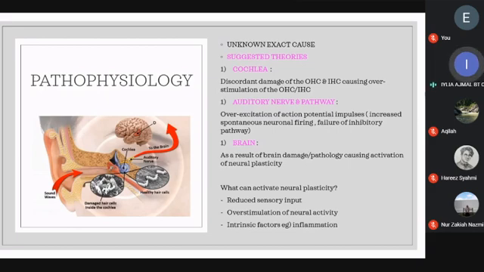And also, is there any problem in the brain? Because when there's any pathology in the cochlea or along the auditory pathway, it can cause a discordance between the firing, disinhibition, over excitation and also inhibition. So even though there's no sound, the brain perceives there's sound. This is what we call over excitation of the action potential impulses.